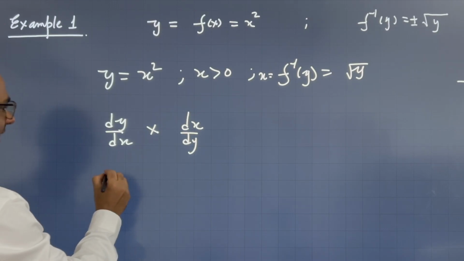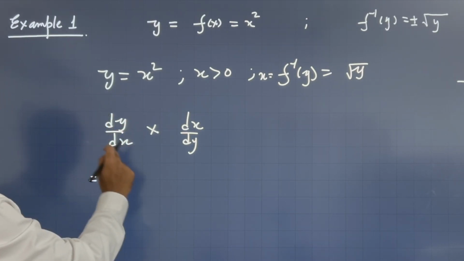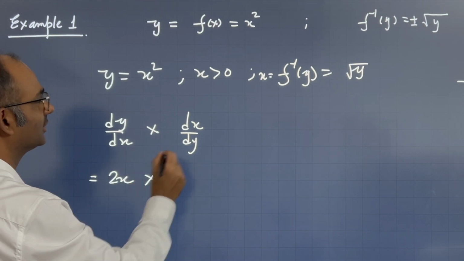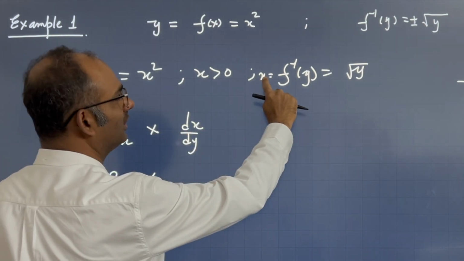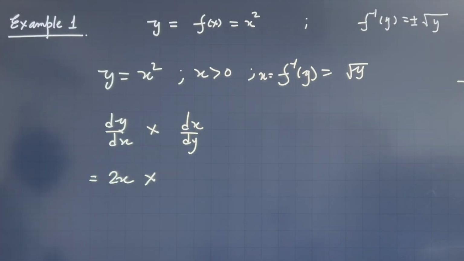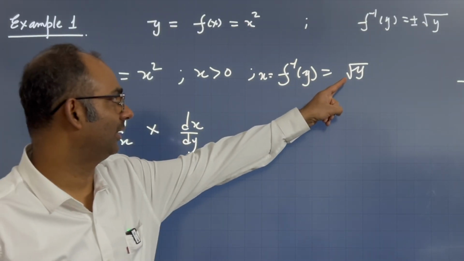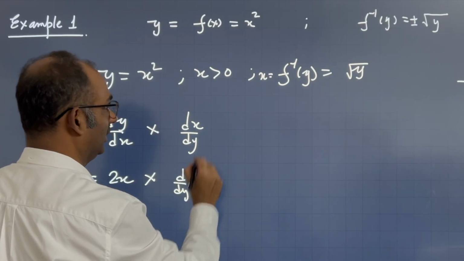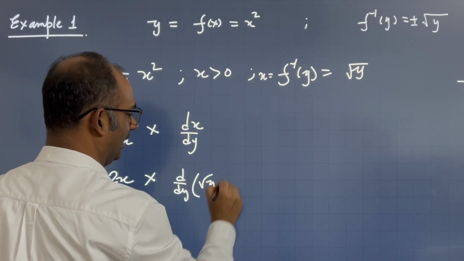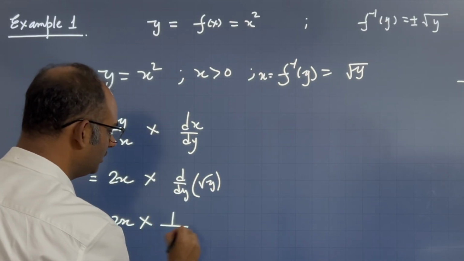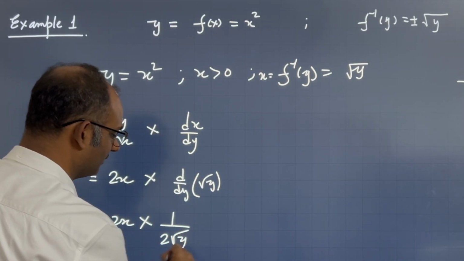So what is dy over dx? The derivative dy over dx is 2x times. What is dx over dy? What's the derivative of x with respect to y? Because x is square root of y, let me do it in 2 steps. This is 2x times 1 over 2 square root of y.